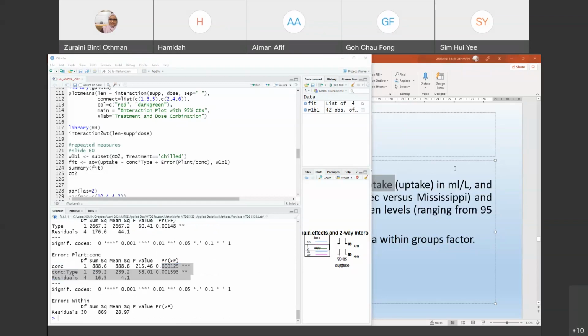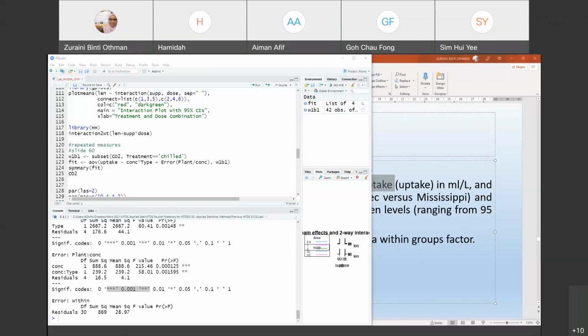Because the p value that we get here is less than 0.001, in terms of the stars there. Okay, less than 0.01. Then for the within-group residual, there is no p value here, but we can see the interaction.